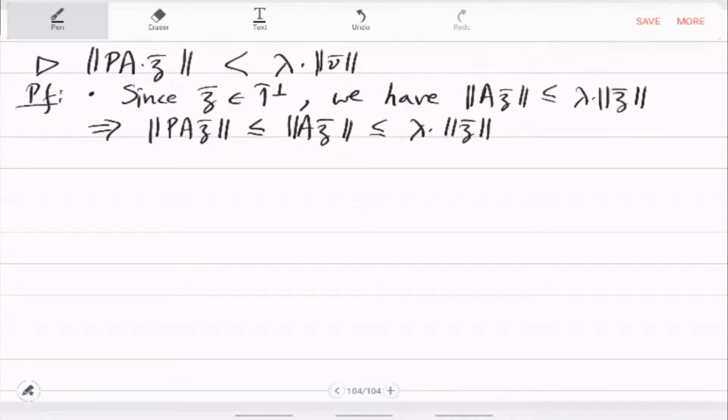What you use here is that V bar is 1 bar plus Z bar. So which means that the norm of V bar square is, so use the sum of square property.